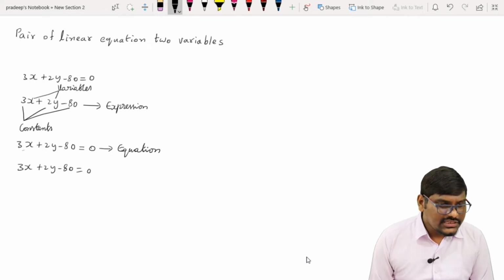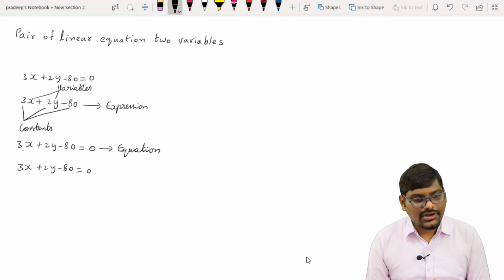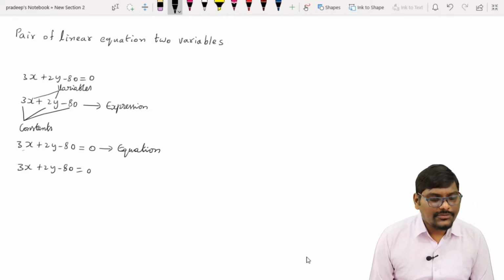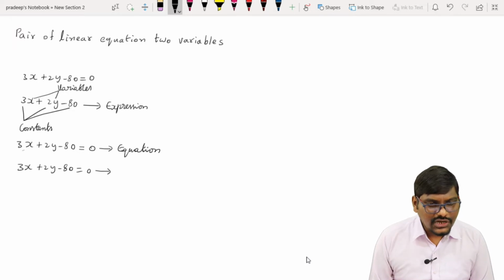Just for understanding, see, this equation has the power as 1. If there is no value as the power, then we will take 1 as the power of the particular value. So this variable has 1 as the power. Whichever equation has the power as 1, that sort of equation we will say is a linear equation.